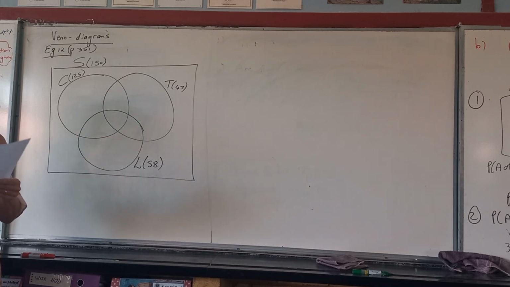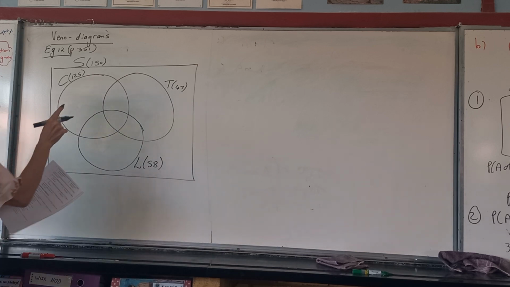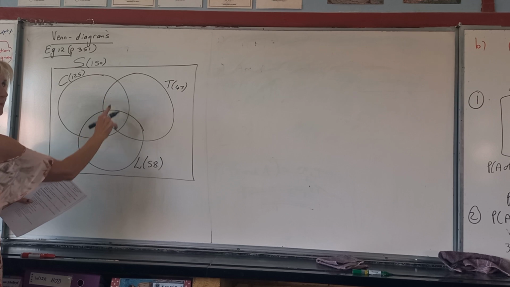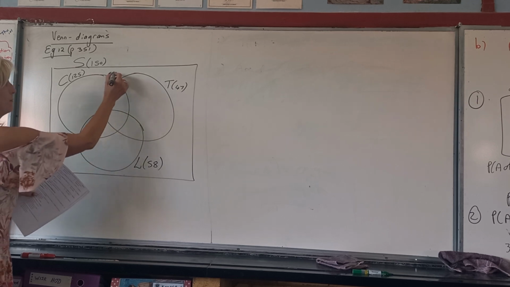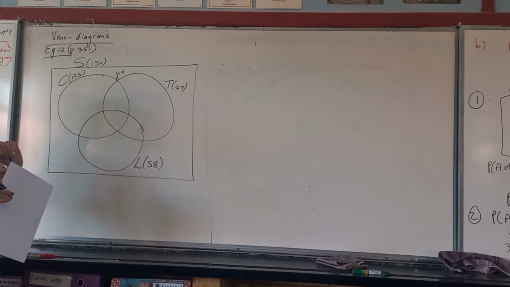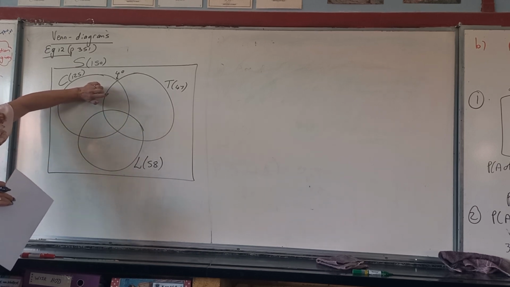Yesterday we did already go through all of this, and I want to just mention it again. If you just read as it is, 40 own cell phones and tablets. Cell phones and tablets is here, right? Both of them. If 40 of them own both, it's both there and there. But don't make the mistake of saying it's there.